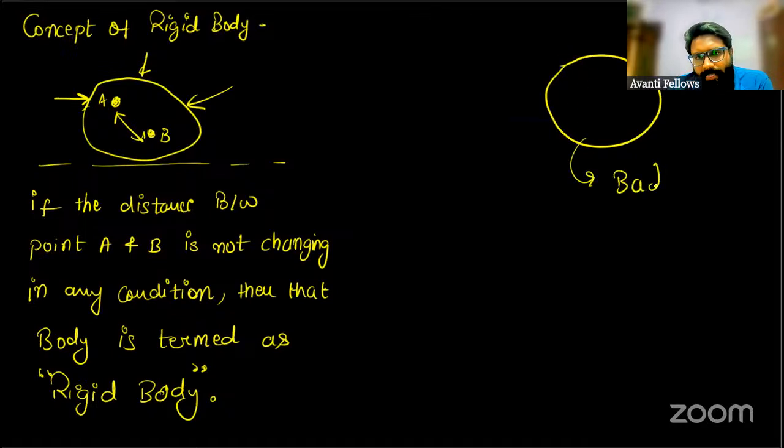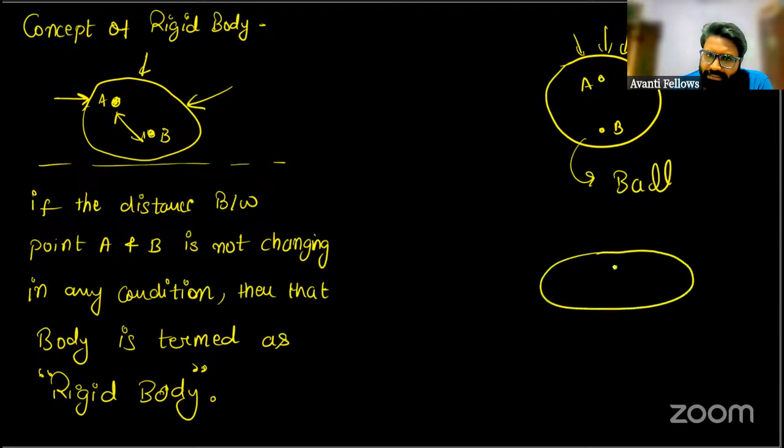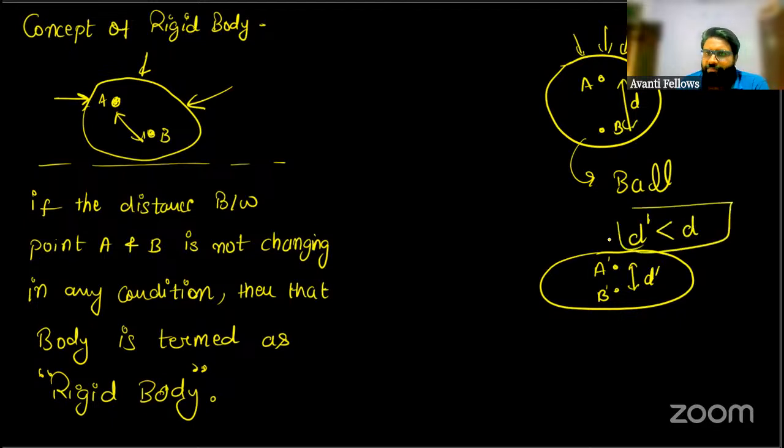Let's say we mark these two points on this ball, point A and point B. When we suppress this ball, what will happen? The ball will squeeze like this. Now if you see, the distance between point A and B has changed. This is D and let's say this is D dash. So D dash is less than D, which means in daily life, it is not possible to have a rigid body.